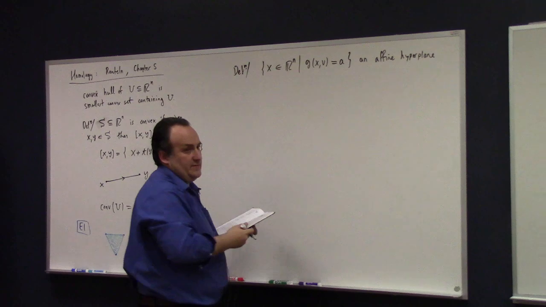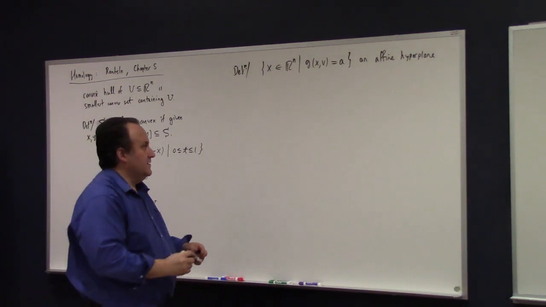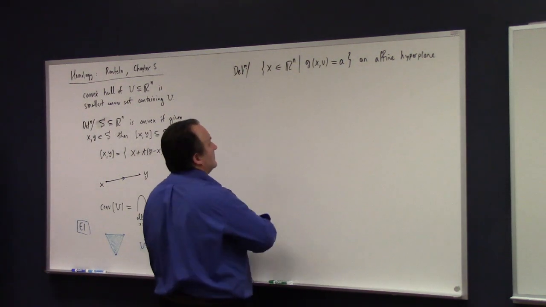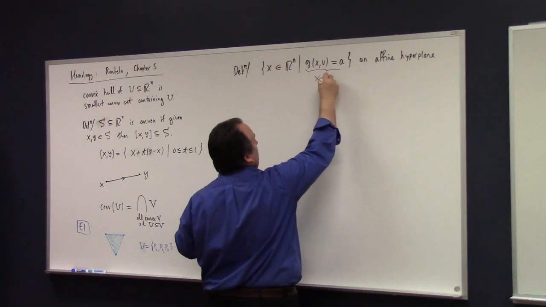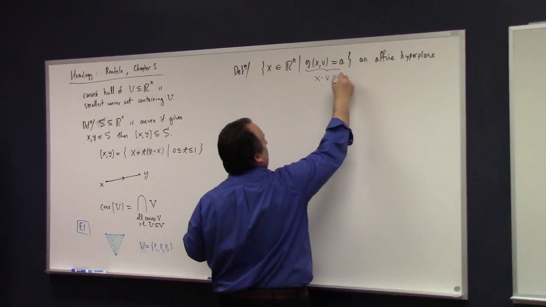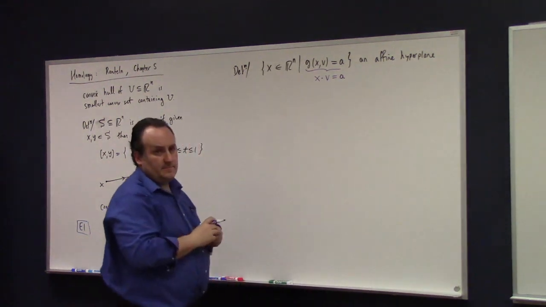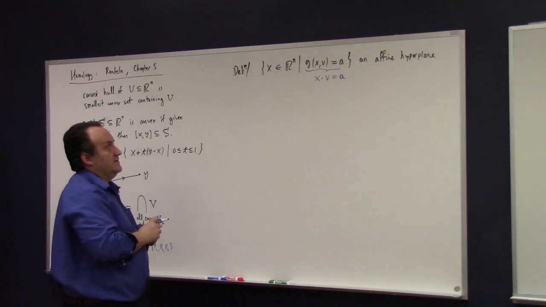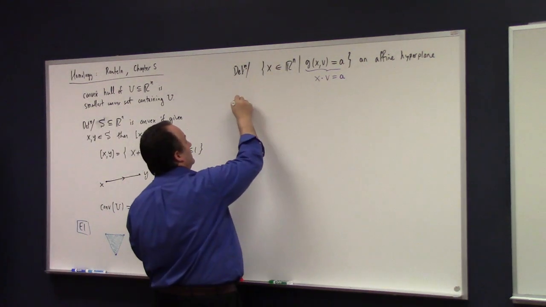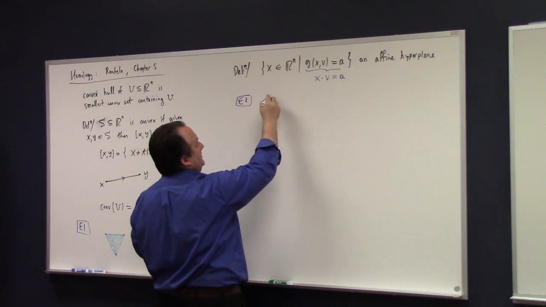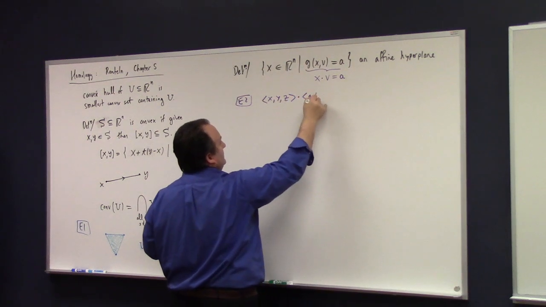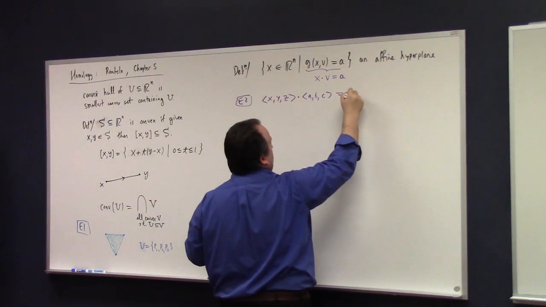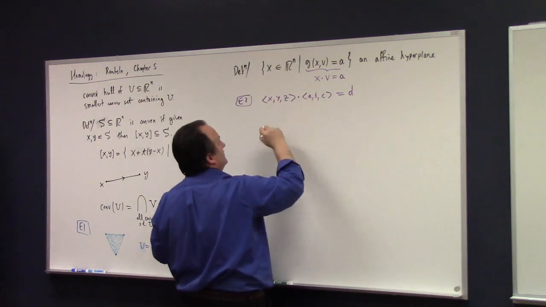Now, in our usual notation, we would just write this like x dot v equals a. So like example 2, we could have (x, y, z) dot (a, b, c) equals d, for instance.